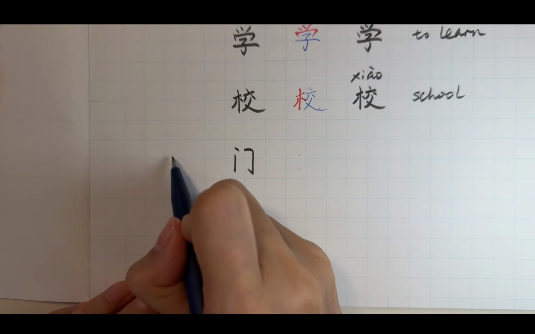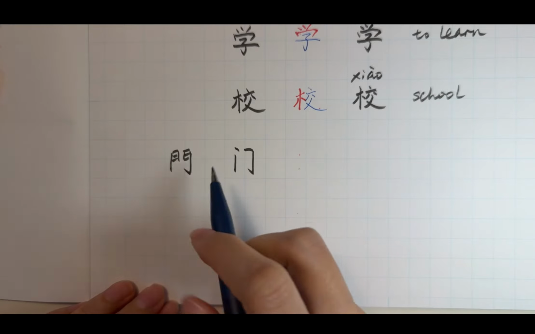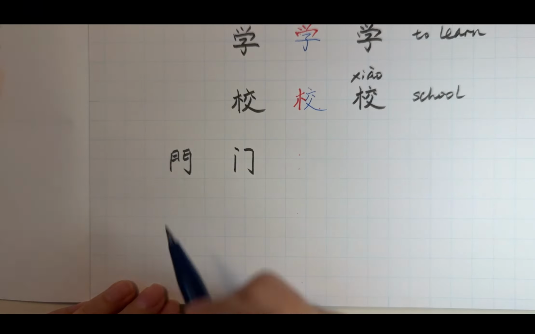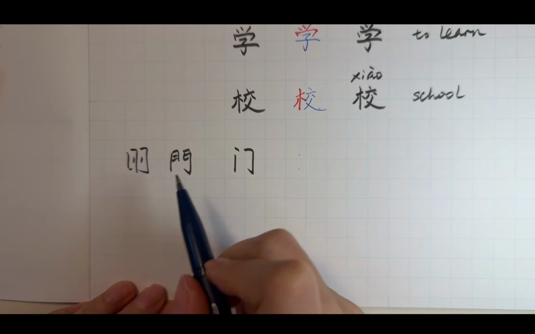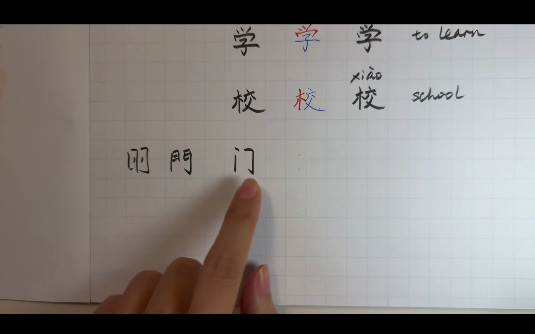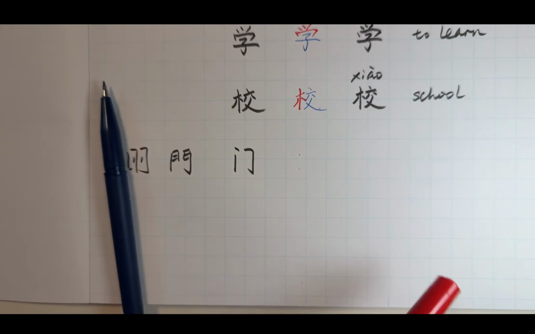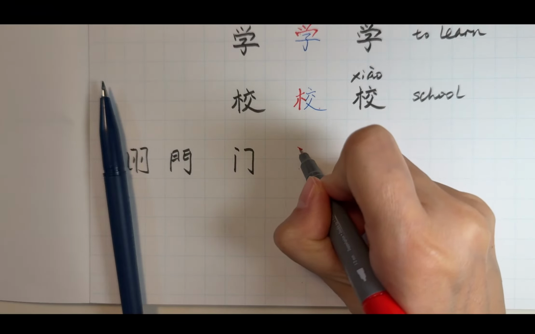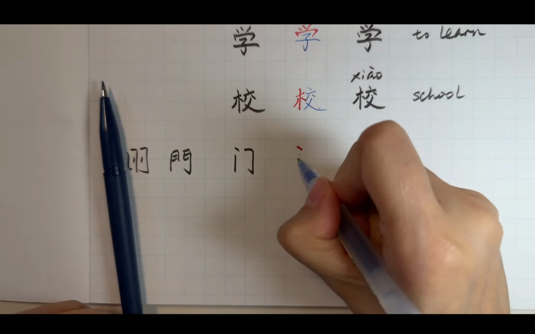But a long time ago, actually, the 门 is written like this, really like, you know, the olden days, the gate. Like when you open up the gate. But now this is the simplified version. So we have the dot first. And you write this.